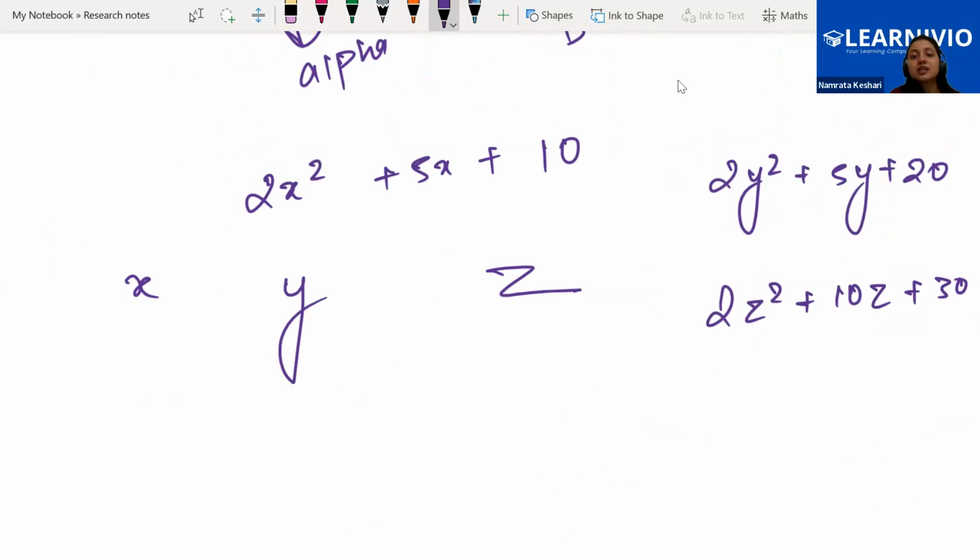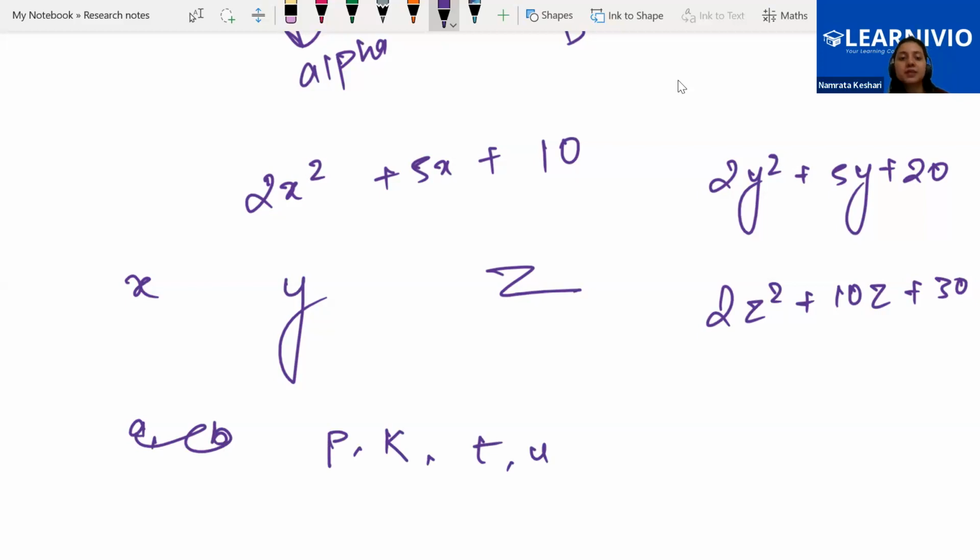These are the places where we will be using x, y, z. Now P, K, T, these are the alphabets which we will be using to represent the constant, or maybe U.